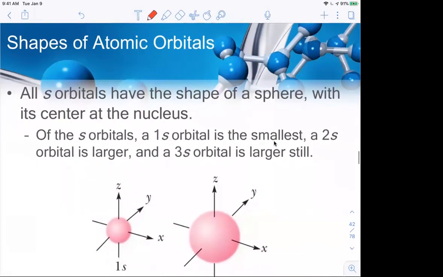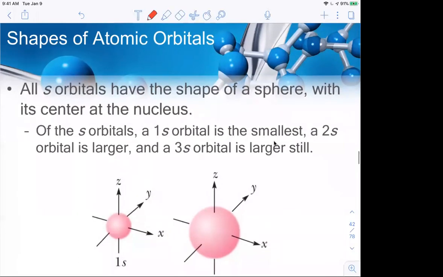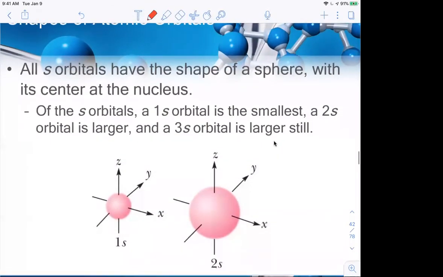Now, one more topic that's really important is going to be hybridization. So let's look at the basics first. We're looking at shapes of atomic orbitals. We know s orbitals are going to have the shape of a sphere, and the center of the nucleus is going to be at the origin 0, 0, 0.